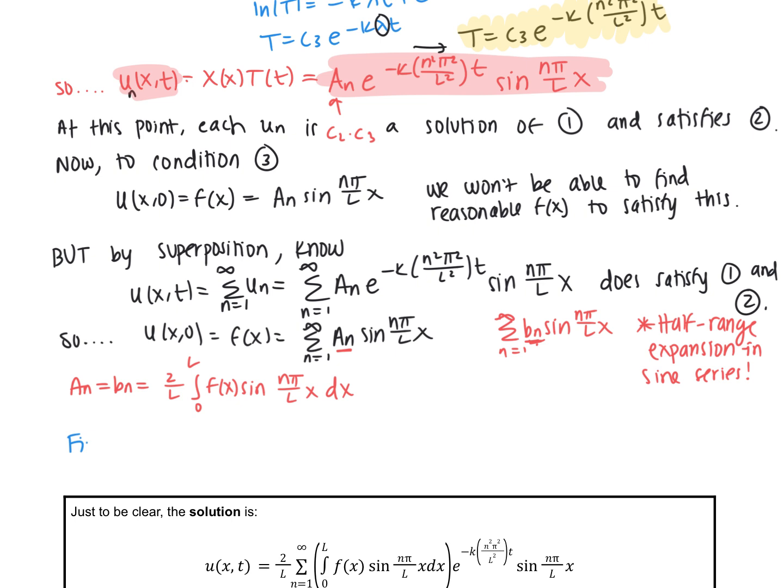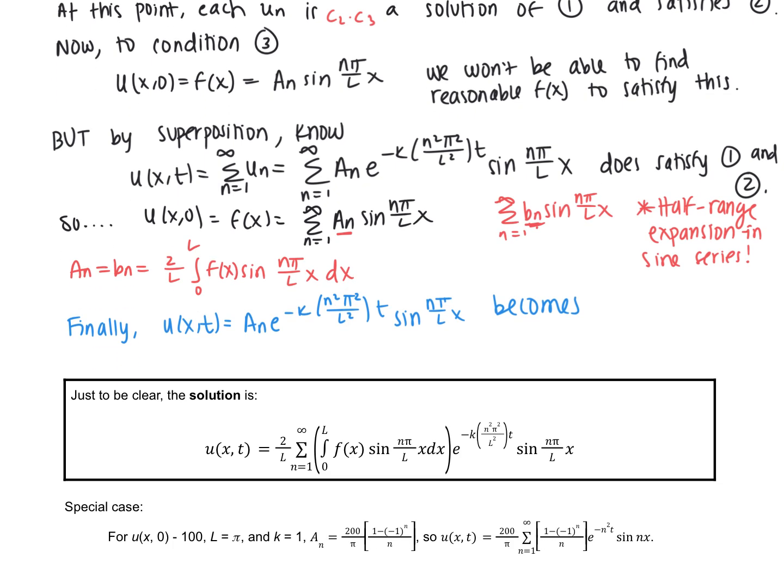So finally, where this leads us to, our u of x,t, the solution that we're looking for, which we've written before as a of n e to the negative k n squared pi squared over L squared t sine of n pi over L x, becomes, since I ran out of room, I'm just going to say it becomes what's in this box.